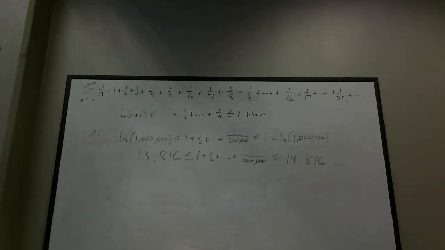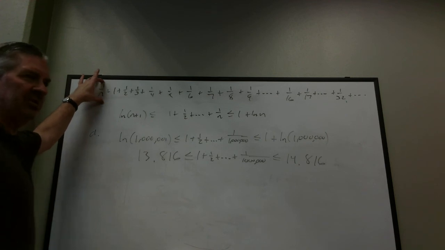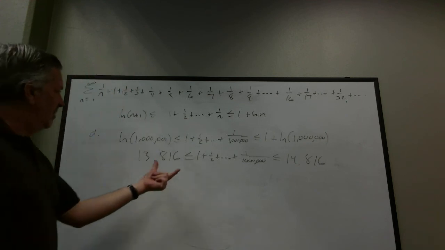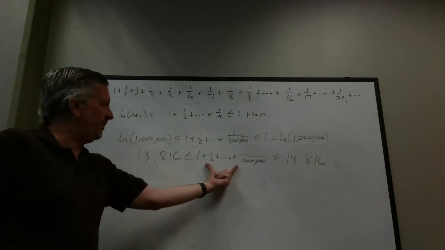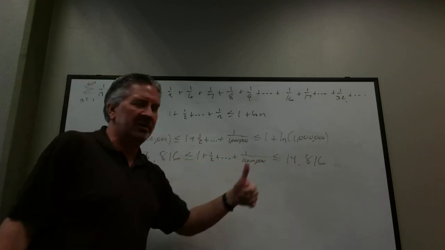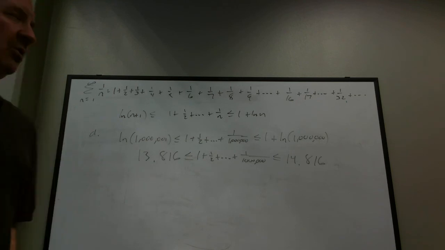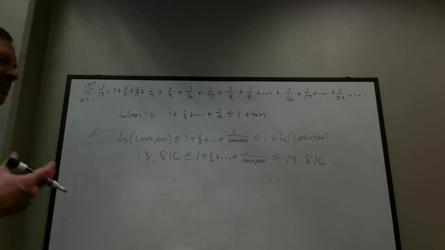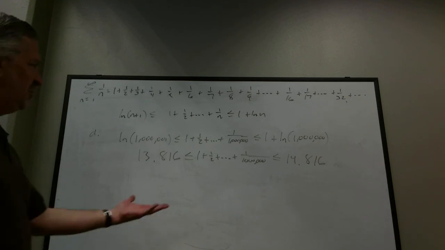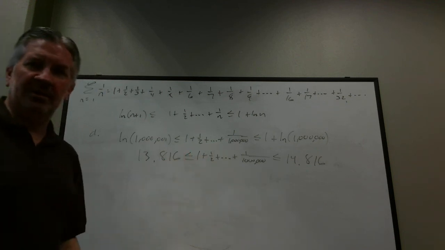Remember, the harmonic series diverges. If you keep adding and adding, it's going to blow up, go to infinity. But if you add up the first 1,000,000 terms, you're only around 14. So this harmonic series goes to infinity, but it grows very slowly. You add 1,000,000 terms and you're barely in the teens.